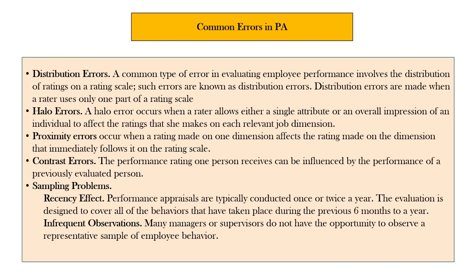Ang problema is that a recent activity of an employee may be the sole basis of the performance appraisal. So that's a common error in performance appraisal, because you should be looking at the whole duration of the employee staying in the organization, 6 months to 1 year.